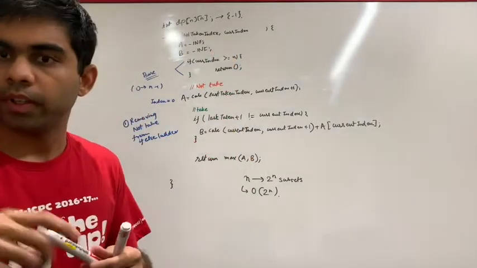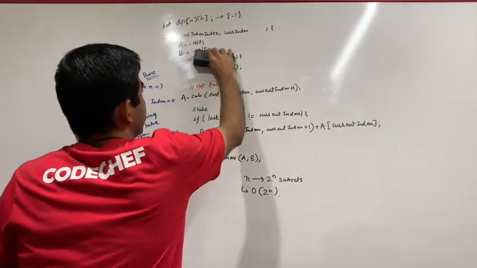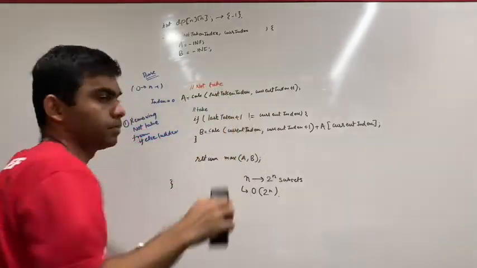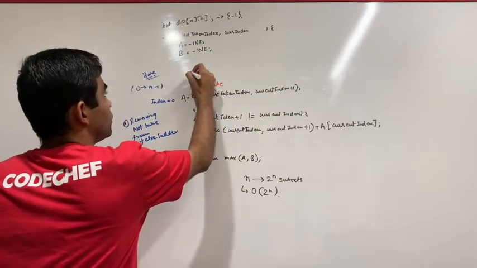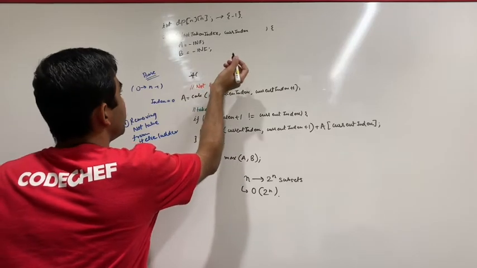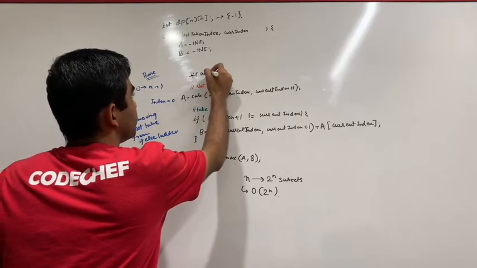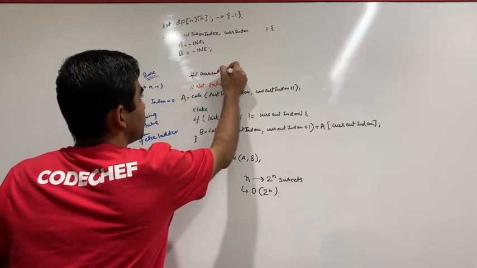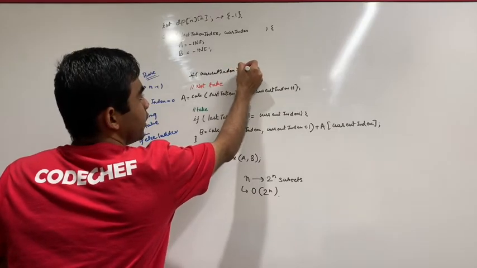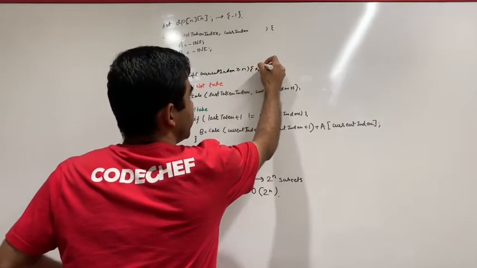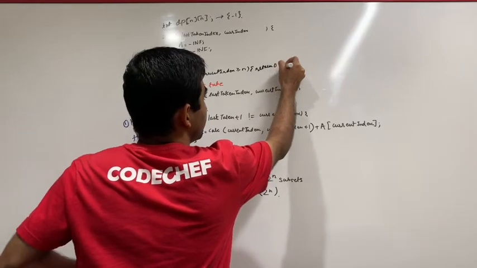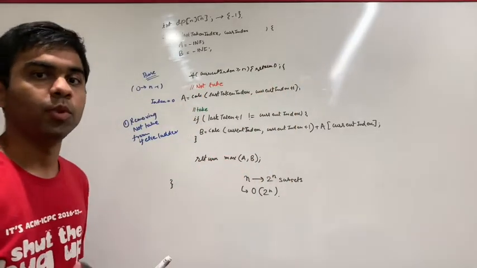So I'll take this base condition down and rewrite it here. If my current index was greater than or equal to n, I was simply returning 0. And I'll write one more condition.